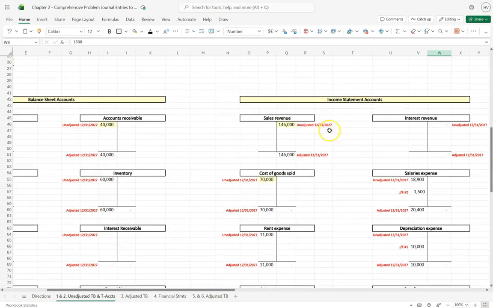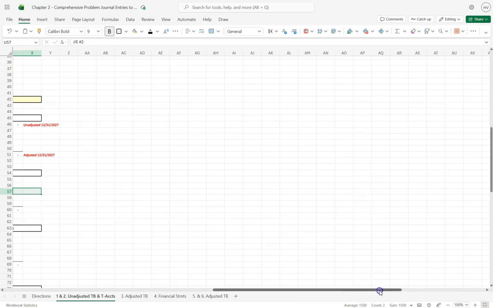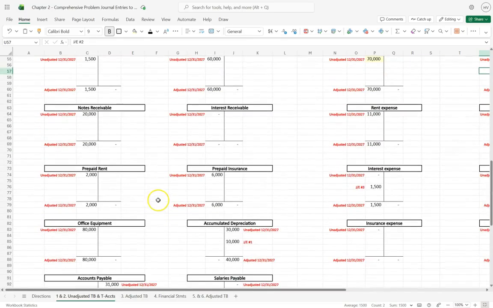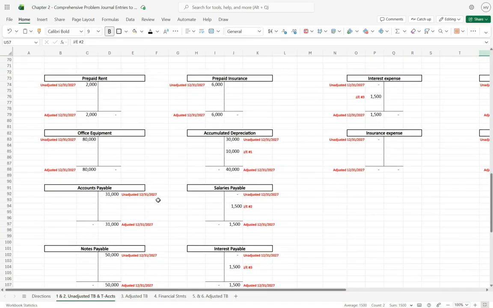I'm going to go down to my income statement, and right here on my salaries expense T account, you'll see this journal entry number 2 for $1,500. And then I'm going to move over to the left to my balance sheet account, which is where my salaries payable will be. And here is my T account for my salaries payable. I'm going to credit salaries payable for my $1,500 and label it journal entry number 2.